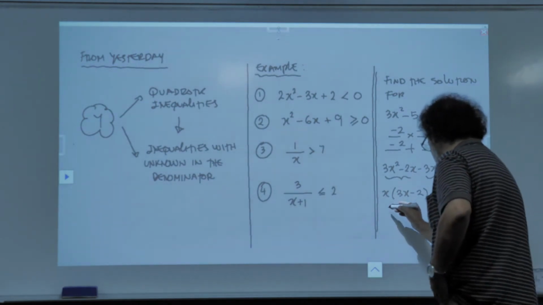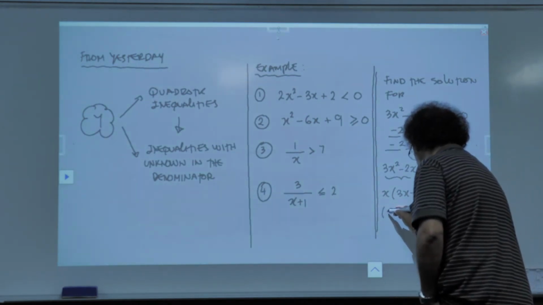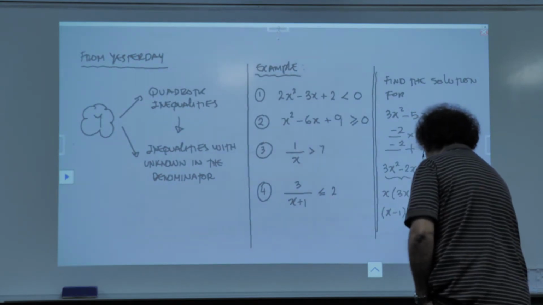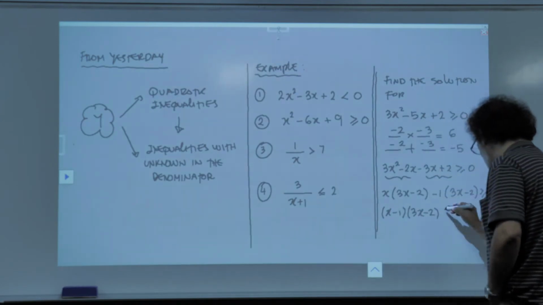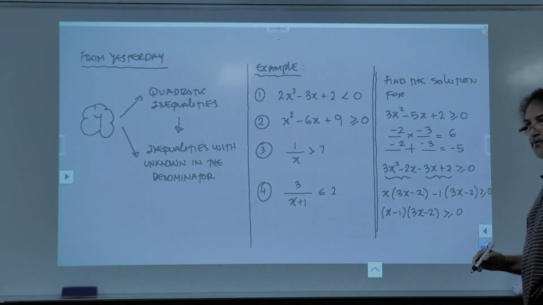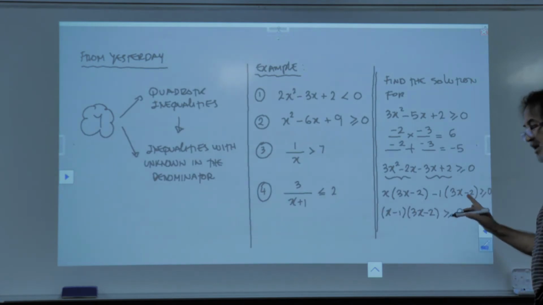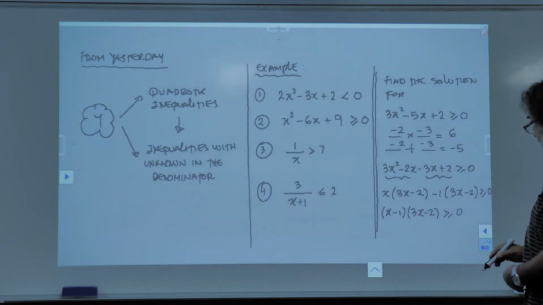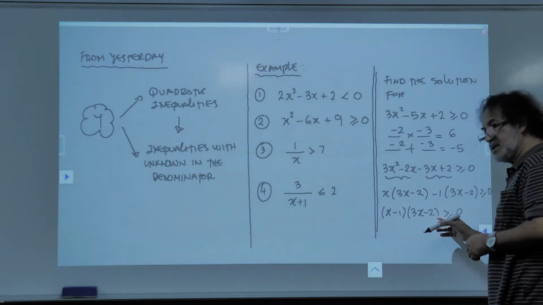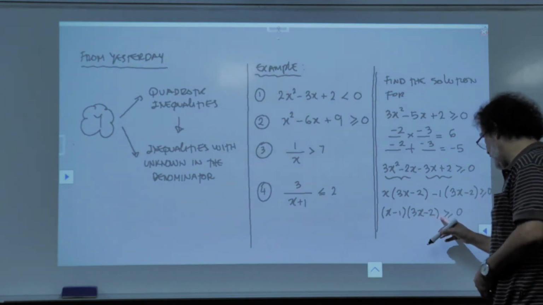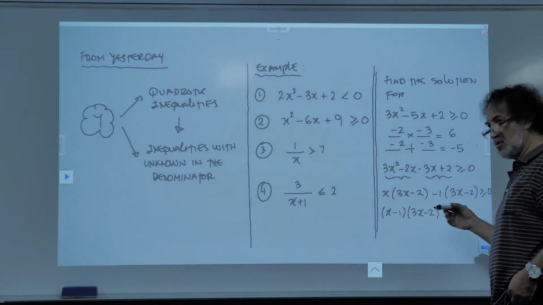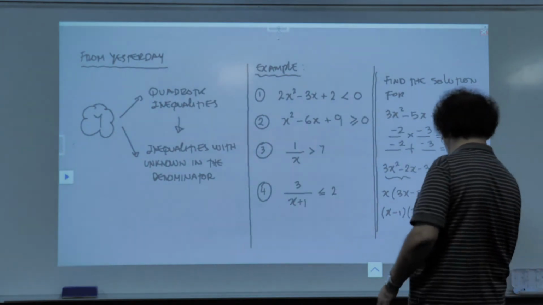And then we said that this is the same as x minus 1 times 3x minus 2 greater than or equal to 0. You okay with this? Then we said that we're going to solve this. We're going to find the answer for this. And for a moment, we're going to pretend that this is a normal equation. I'm going to continue there.